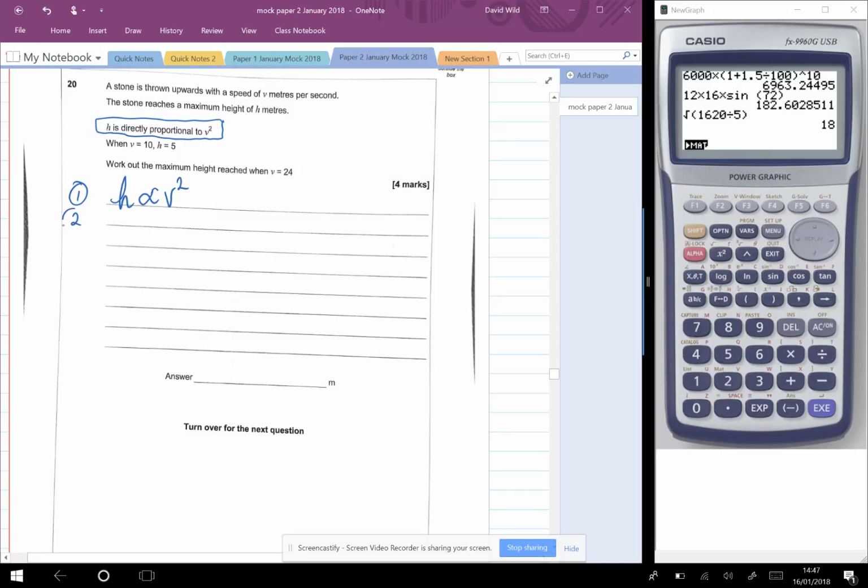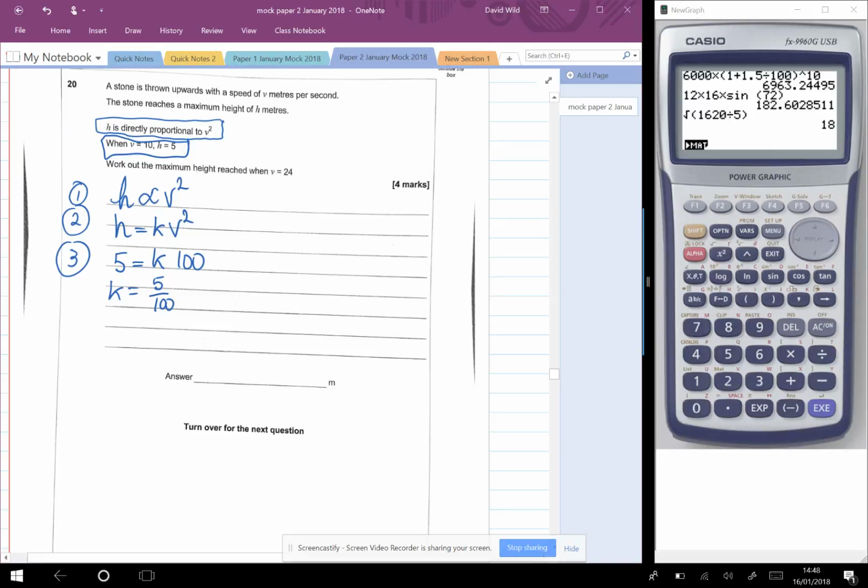And what do we do for step 2? We introduce a constant of proportionality. So h equals k v squared. Step 3 is we use some information to find k. We're told this information here. So when v equals 10, h is 5. K we don't know yet. V is 10, so v squared is 100. Divide both sides by 100. So k is 5 100ths.